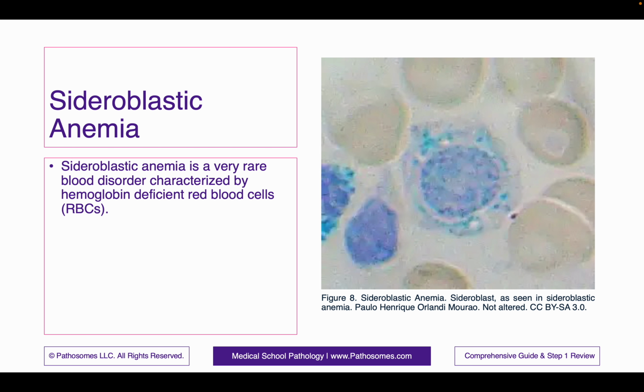Now, sideroblastic anemia. Sideroblastic anemia is a very rare blood disorder characterized by hemoglobin deficient red blood cells. This image to the right is a very, very high magnification of a central red blood cell precursor, also known as an erythrocyte.